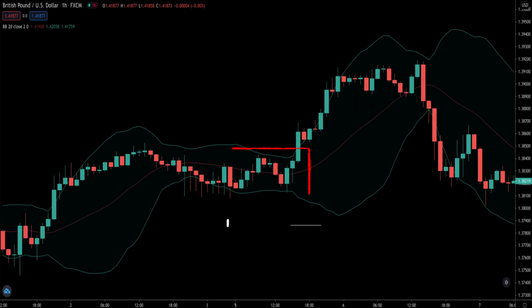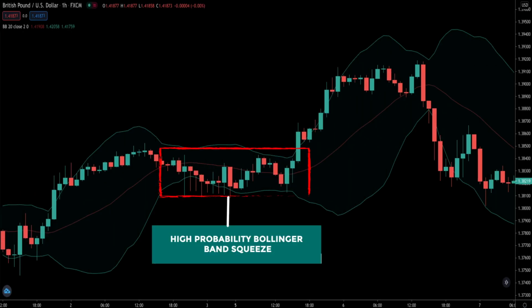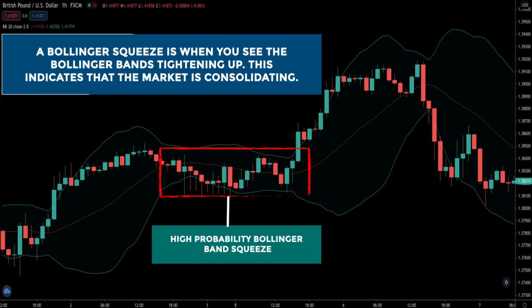Right here, this is a high probability Bollinger Band squeeze. As you can see, the concept is not that difficult to understand. As the name suggests, a Bollinger Band squeeze is when you see the Bollinger Band tightening up. This indicates that the market is consolidating. Think of it like a compressed spring.